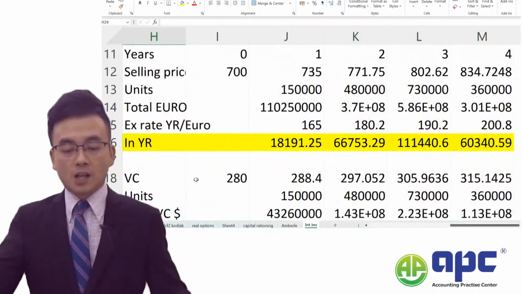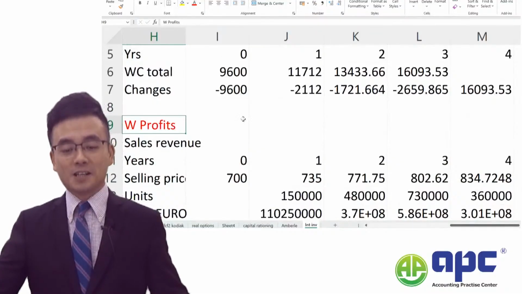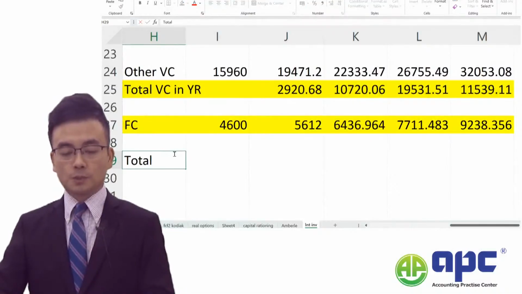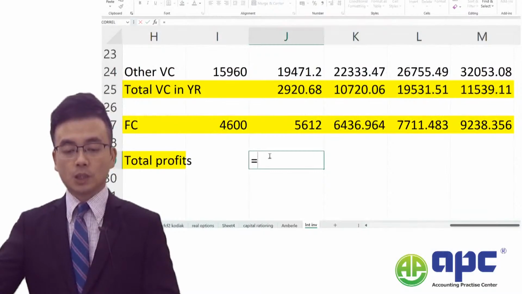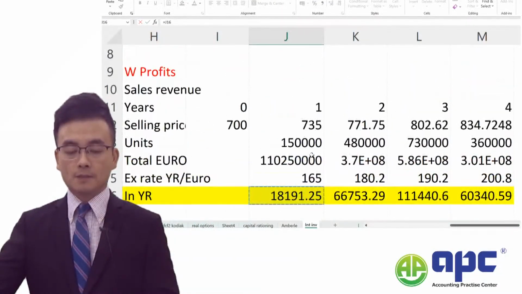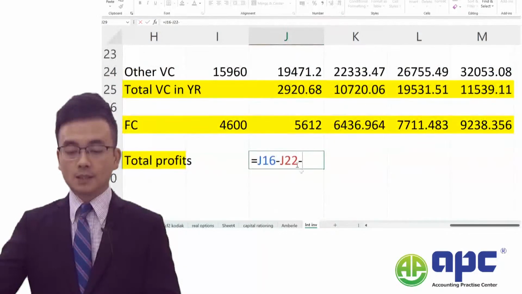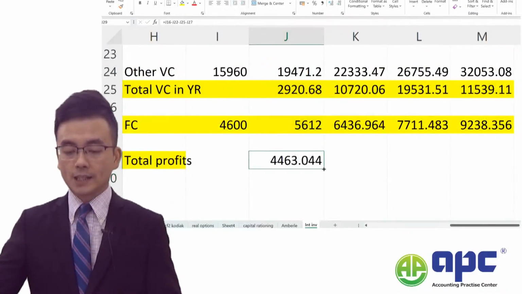So therefore, when we work out the total profit, because that's what the working is all about, we take the total revenue minusing all these costs. So the total profit now is from year one onwards, and that's why starting in year one, we take the revenue in YR and subtract variable costs, subtract total other variable costs and subtract fixed costs, all in million, and drag it here.